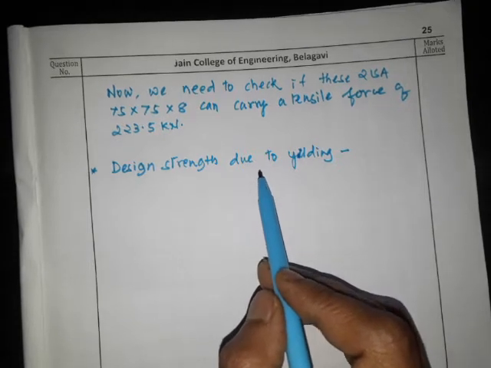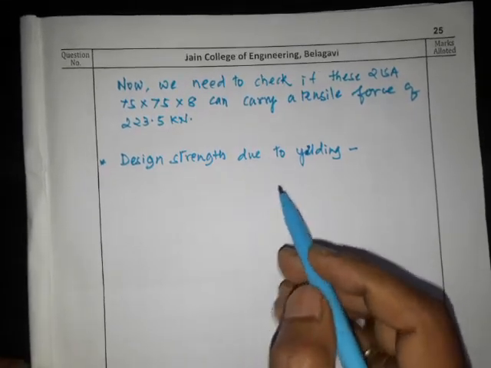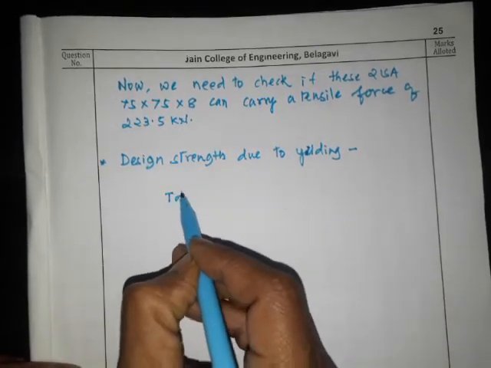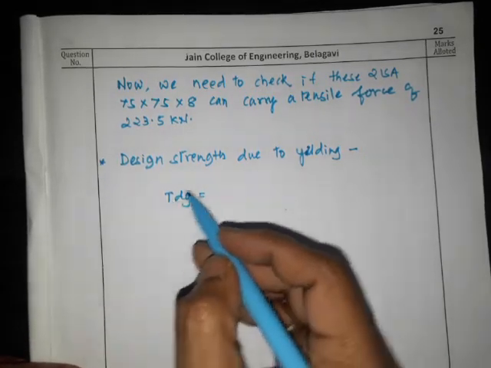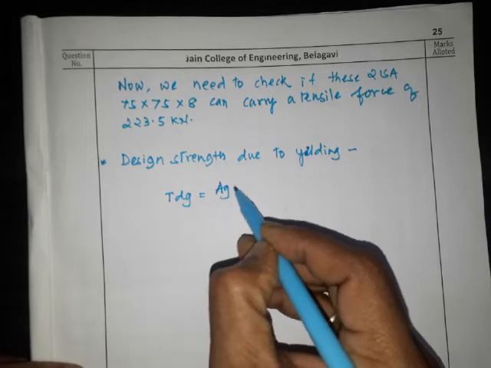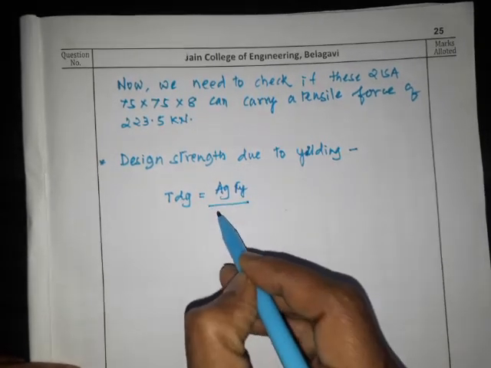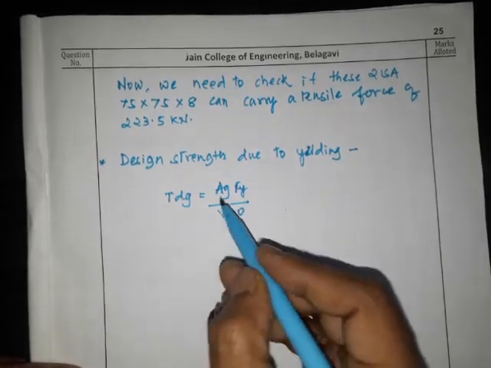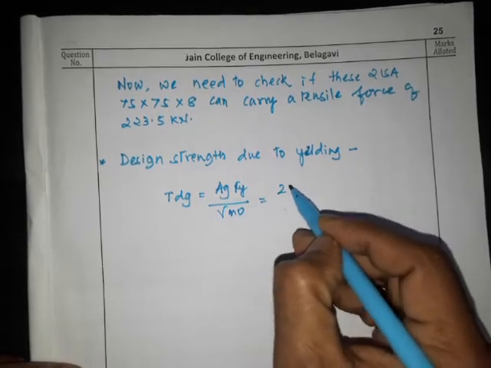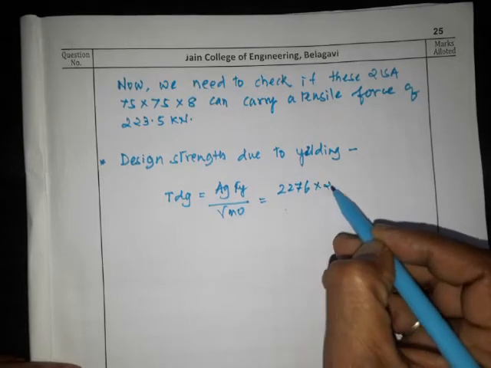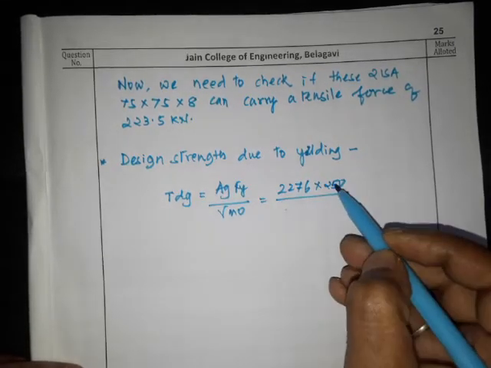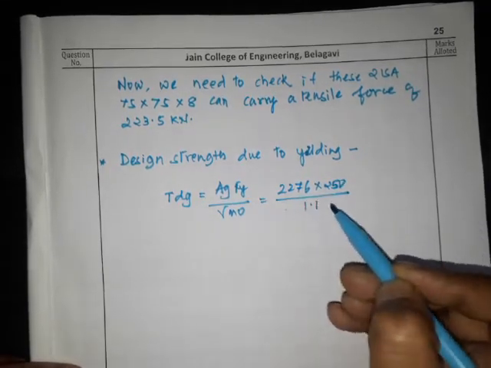It is given by Tdg is equal to, again by referring to the IS code, Ag into Fy upon gamma m0. Ag, the area of section, is 2276, into 250, divided by gamma m0, which is 1.1.